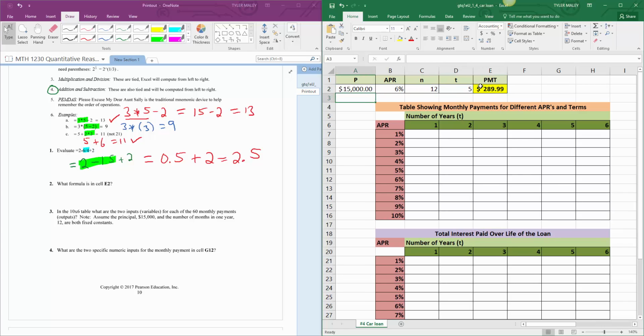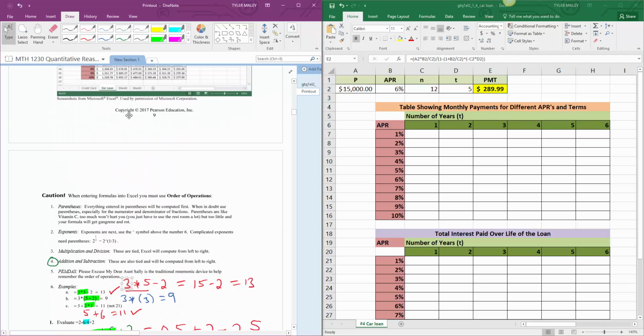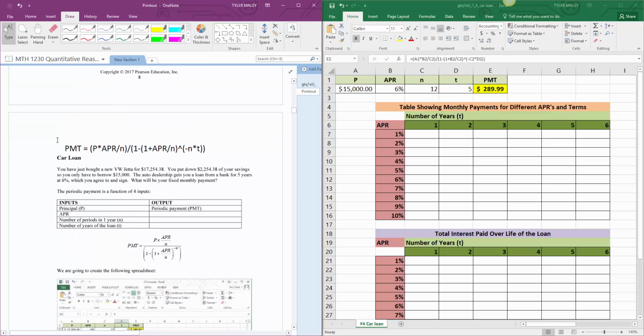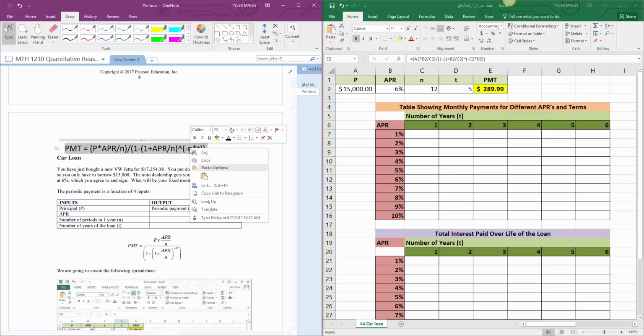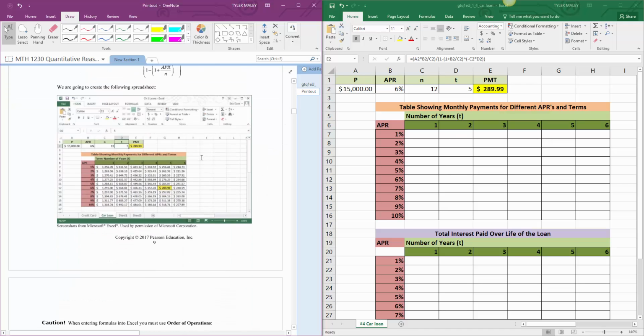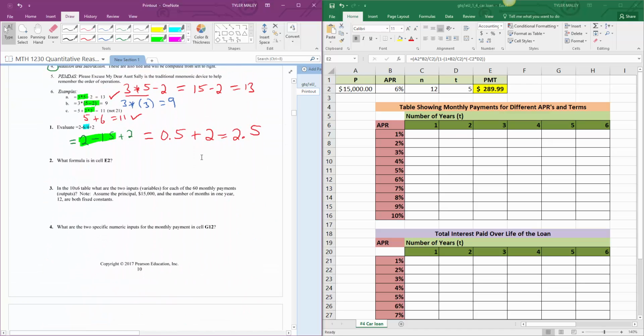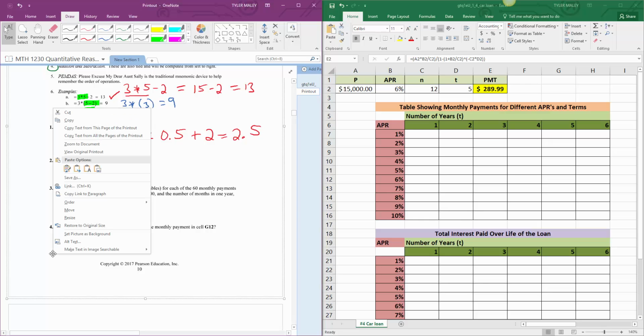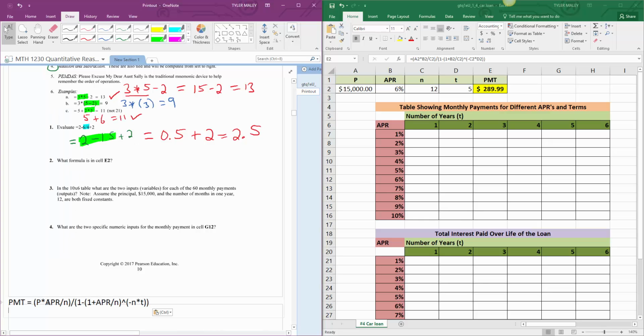But let's approach it as, what would I enter if I didn't already know the solution? So we need to use this. All right, so let me copy this note and I'll paste it down here, so we have that as reference.